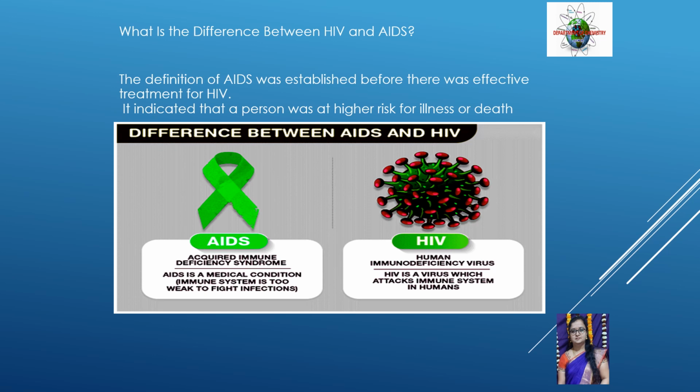It is acquired from some other person, not from birth. And HIV, human immunodeficiency virus, means a virus which suppresses the immune system. AIDS is a medical condition where the immune system is too weak to fight infections, and HIV is a virus that attacks the immune system.